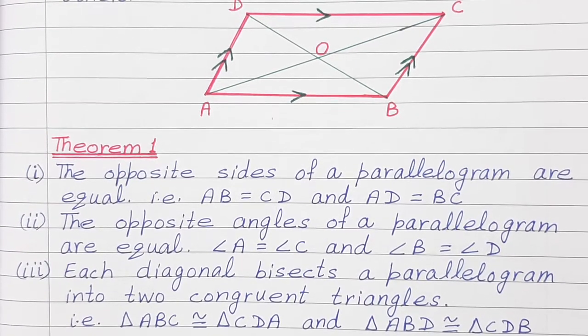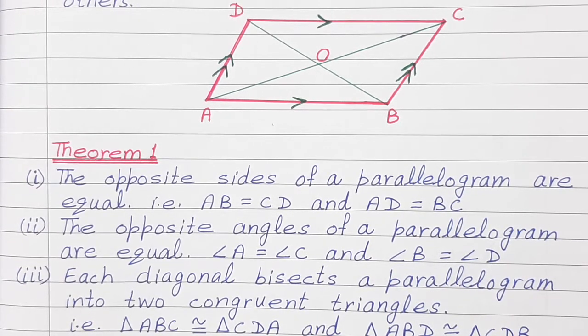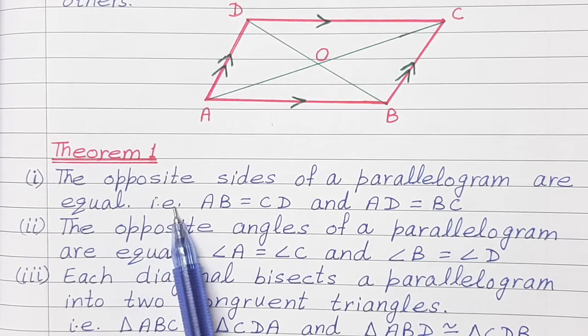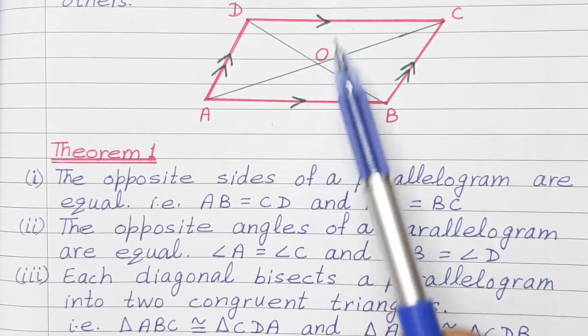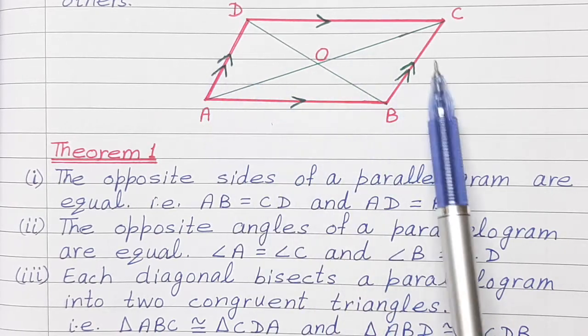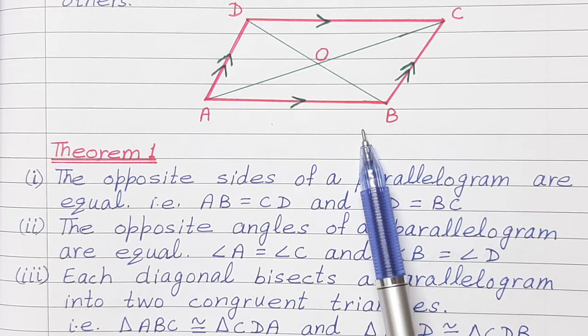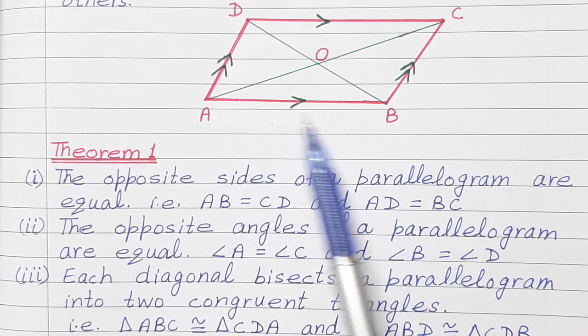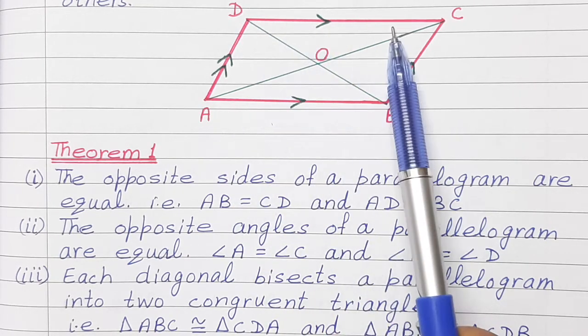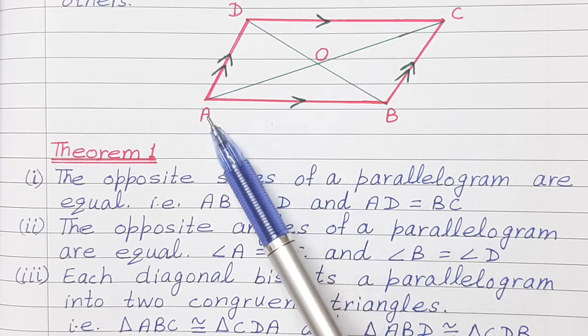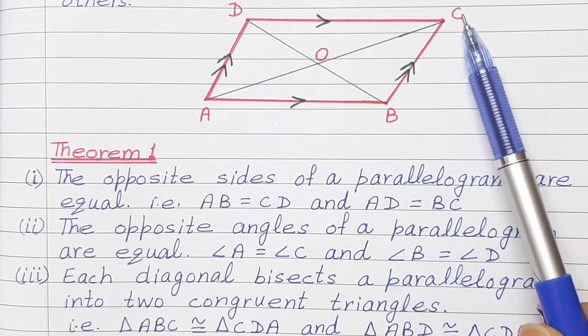So have a look. Theorem number 1: the opposite sides of a parallelogram are equal. That is, AB is equal to CD and AD is equal to BC. Clear?